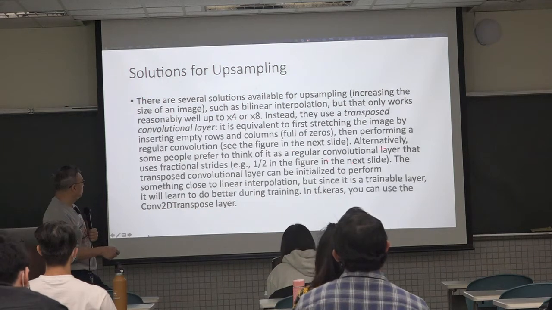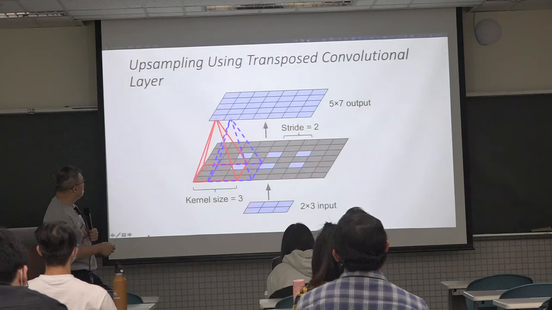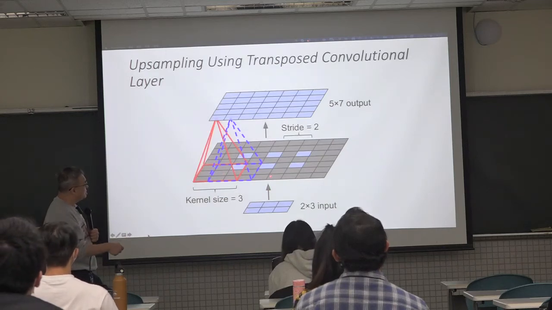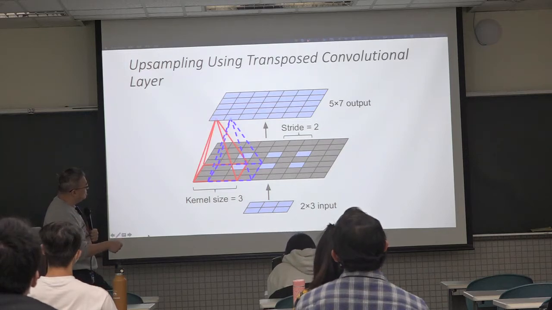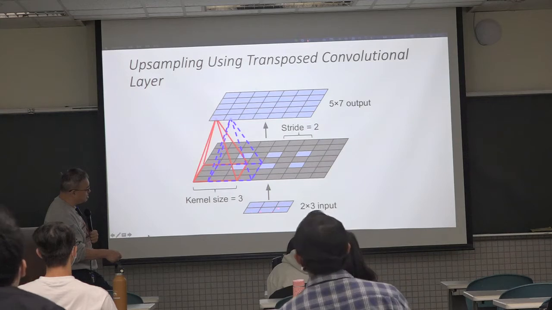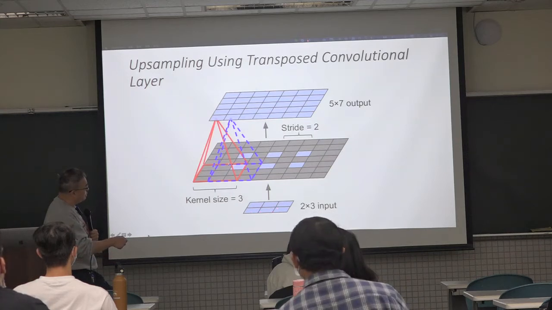So it's something like this. You can see we insert extra rows and columns in between the original pixels. The original pixels are 2 by 3, and we insert extra rows and columns in between these pixels.